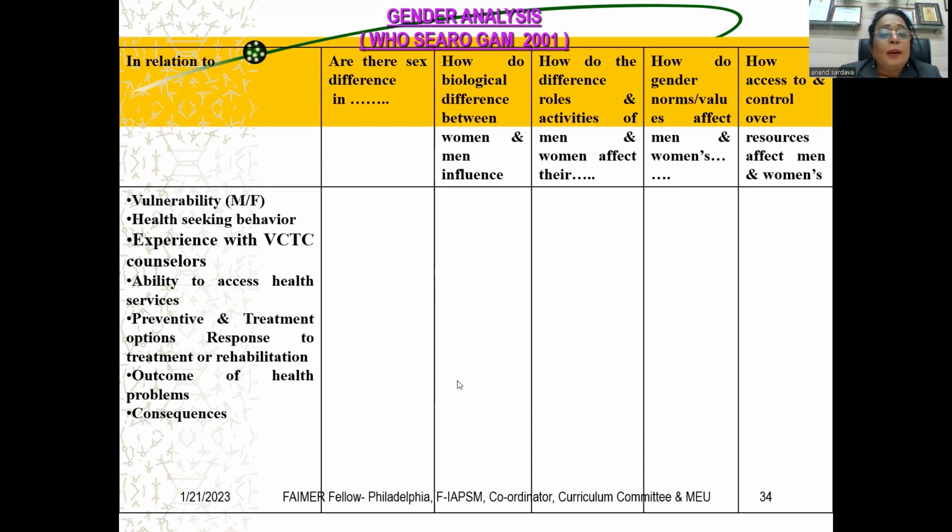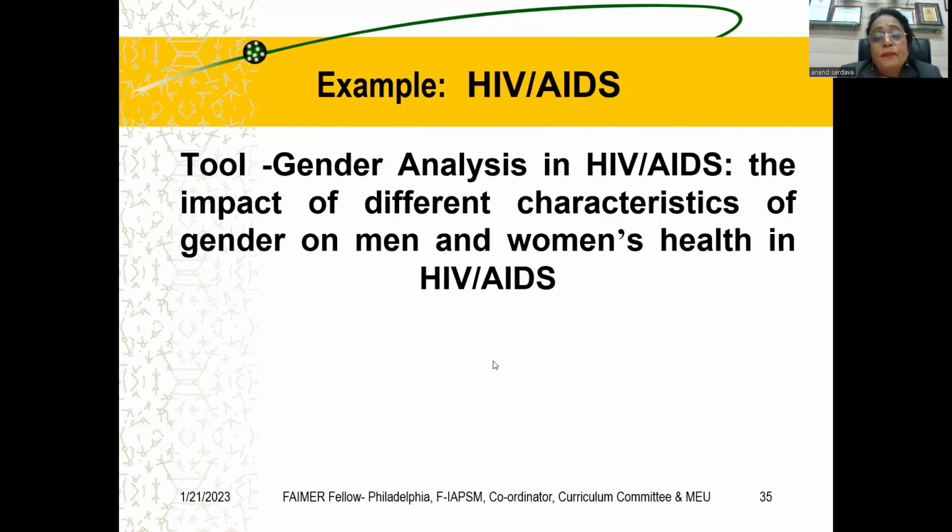You can take a print of this, take any literature, and try to see it by doing the gender analysis. So I will use here the problem of gender analysis in HIV AIDS and its impact on the different characteristics of gender on men and women.